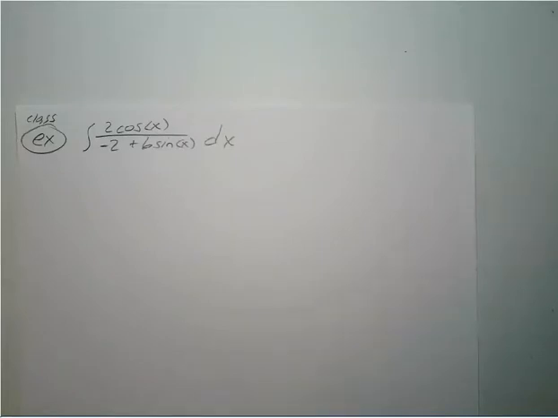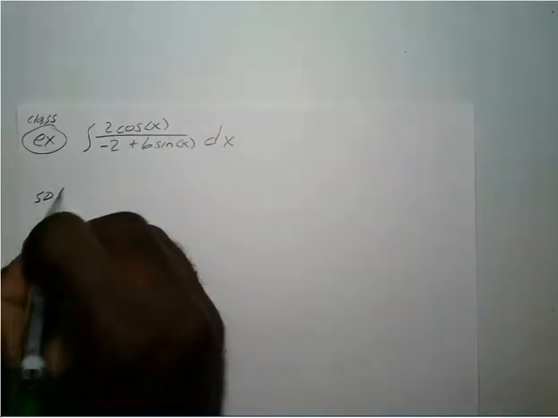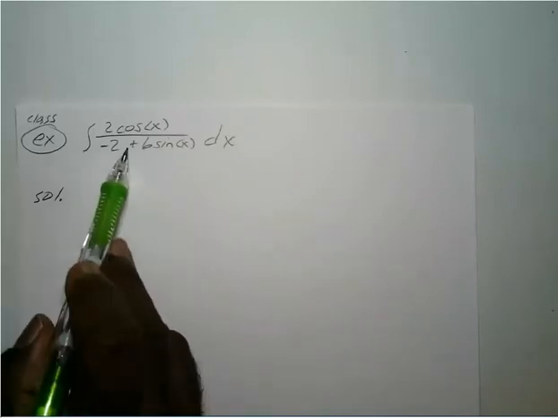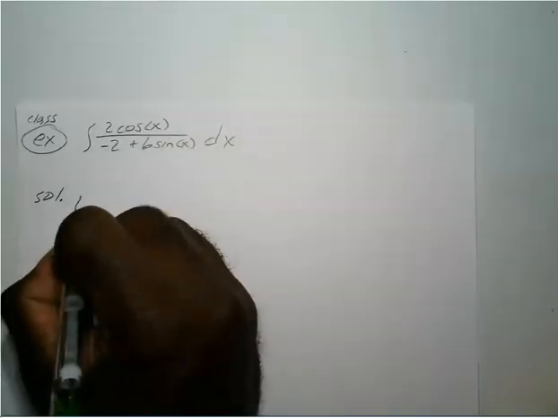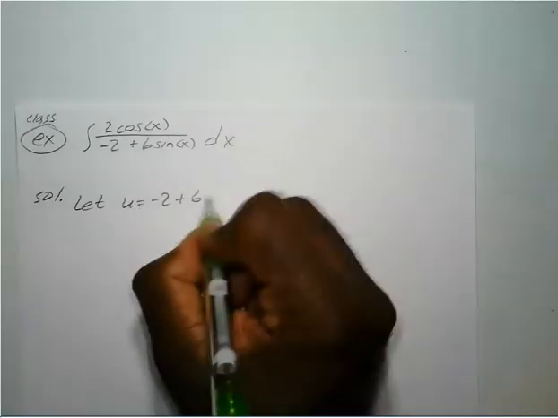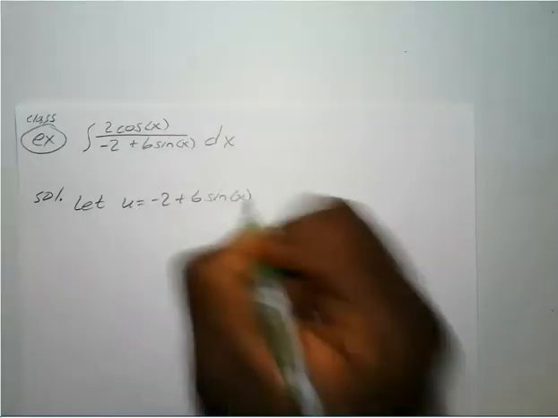All right, so I'm assuming you've pressed pause and worked this one out. Let's go ahead and verify your answer. For this one, what if we let u equal negative 2 plus 6 sine of x?